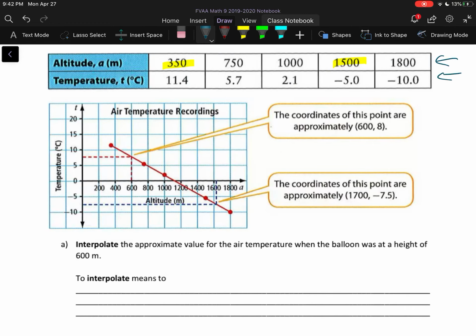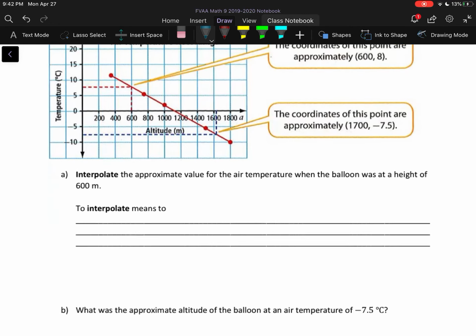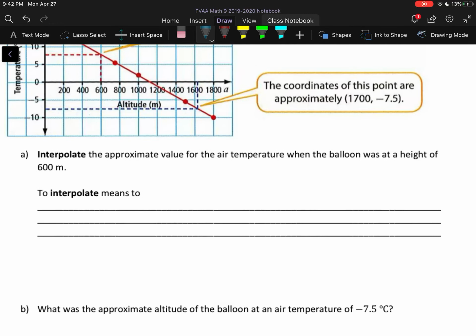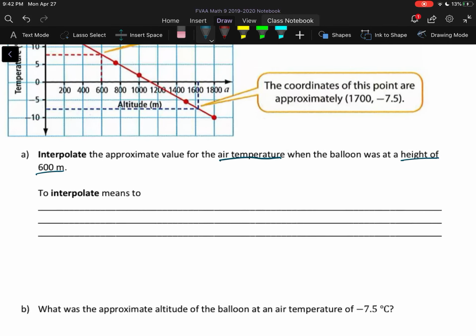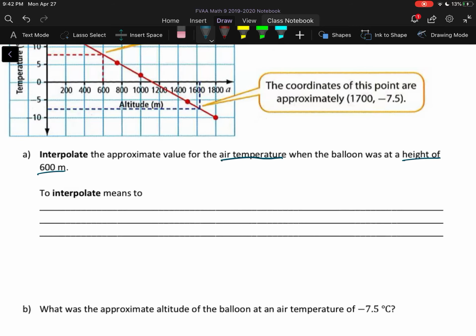All right. So question A asks us to interpolate the approximate value of the air temperature when the balloon has a height of 600 meters above sea level. First we have to figure out what interpolate means. So let's put a definition to the word interpolate.